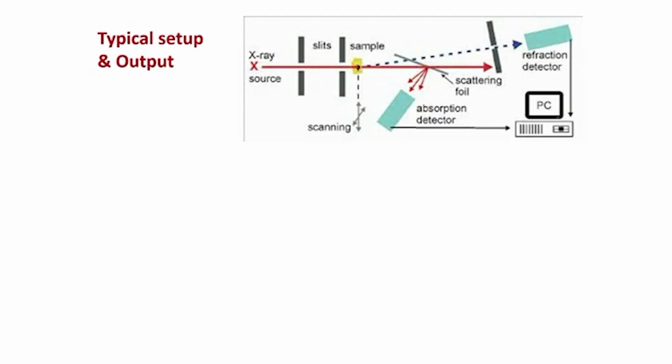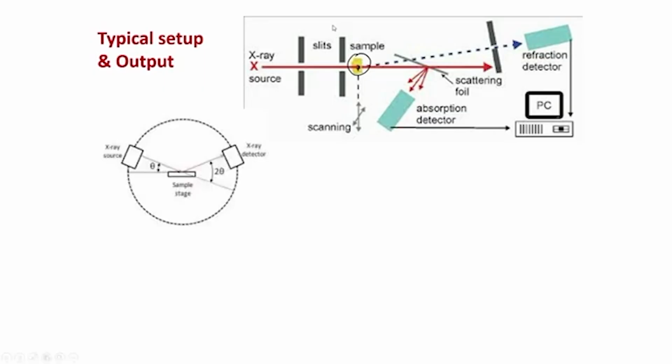So, this is a typical setup of X-ray diffraction. There is an X-ray source, and it goes through some slit and falls on the sample, which is a crystal lattice, and from there it falls on a screen. There is also a scattering foil, and from the scattering foil it gets absorbed into the detector, and the detector sends it to a PC, your computer, for analysis of data.